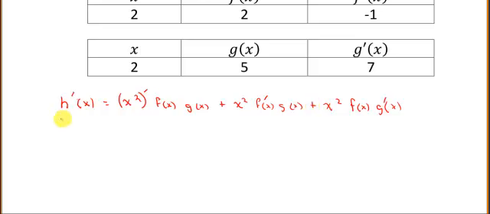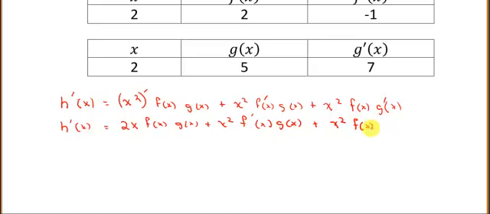So h prime of x is equal to 2x times f of x times g of x plus x squared times f prime of x times g of x plus another x squared times f of x times g prime of x.